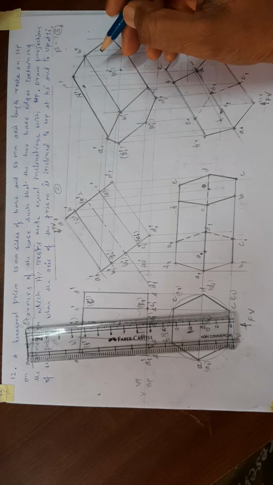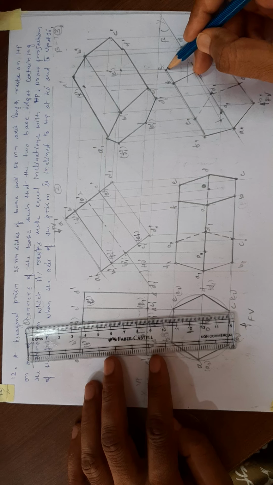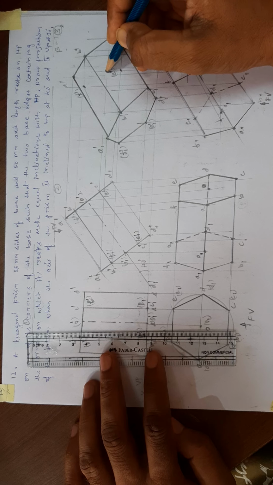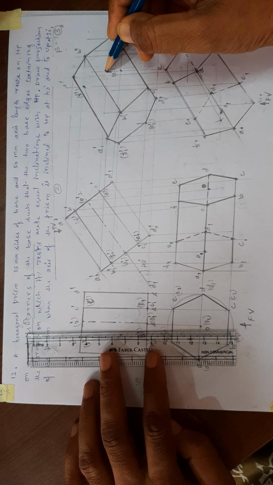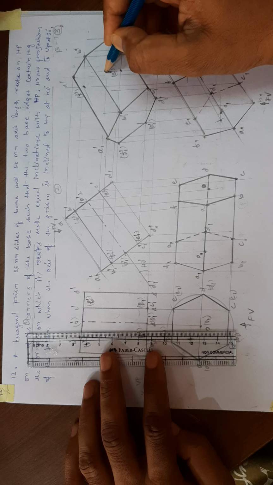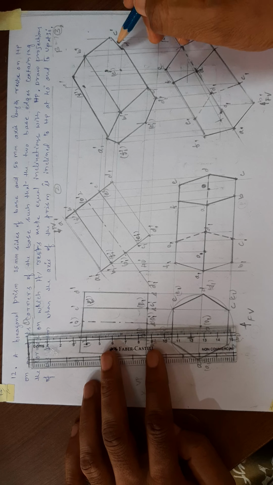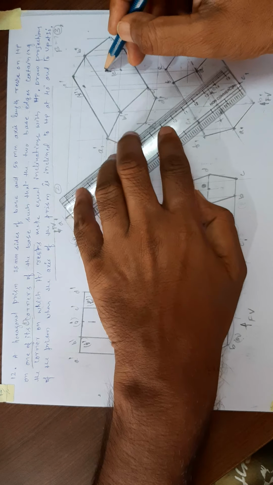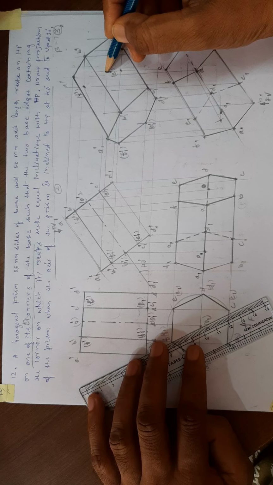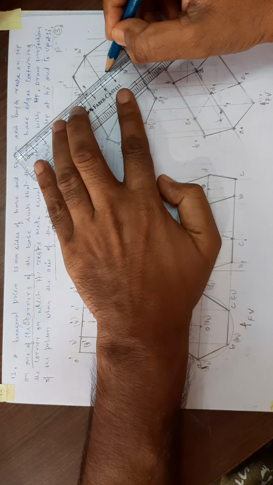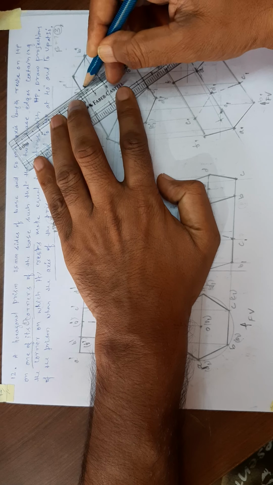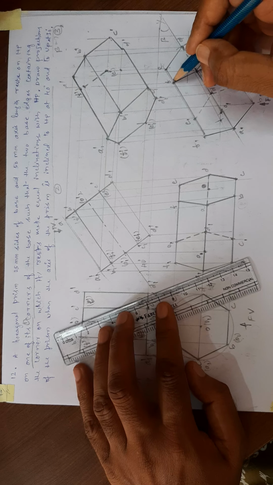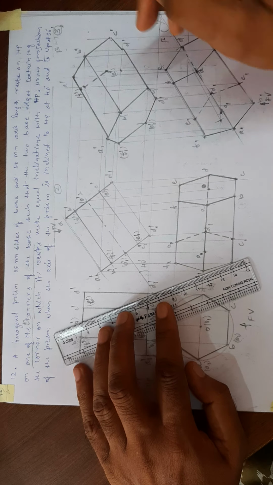Now the edge. So where does E1 come here? E1 means this one. So all the edges passing through that, F comes here, okay, and all the edges passing through that point are invisible. This adds E to F. E to F is invisible, so draw with thick line. So F comes on the XY line only here.